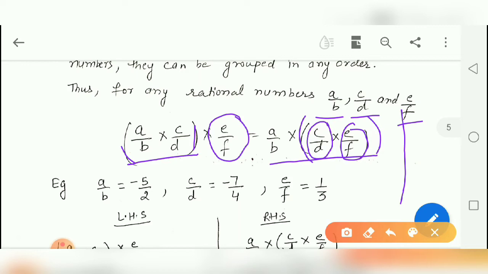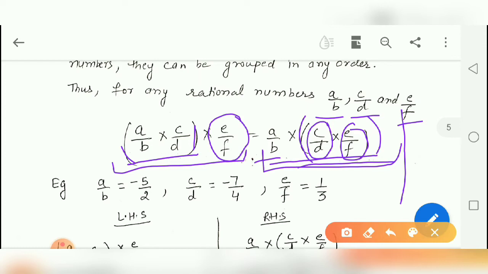Then a upon b is multiplied by this bracket. If I multiply these three numbers in this manner or in this manner, the answer will remain the same.